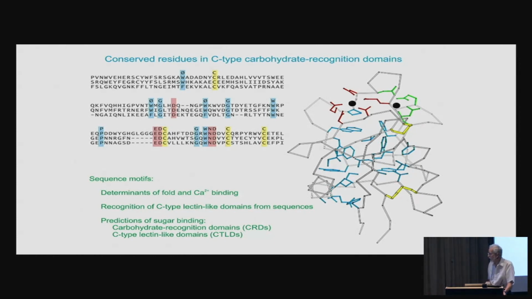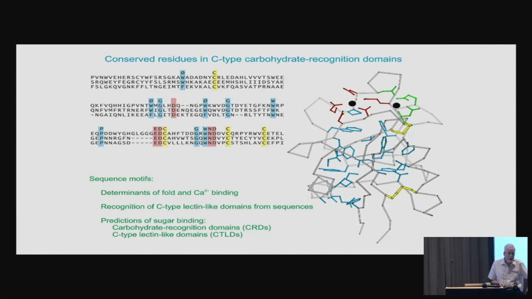Now something that's done completely automated. The Protein Data Bank does it automatically when anybody deposits a sequence and says, oh, that looks like a C-type carbohydrate recognition domain. So we can recognize them from the sequences and potentially start to make predictions.